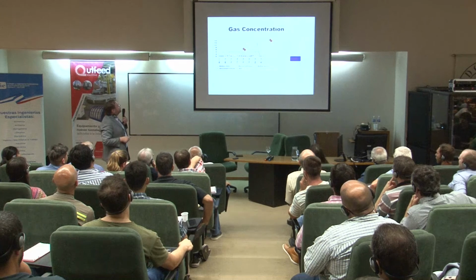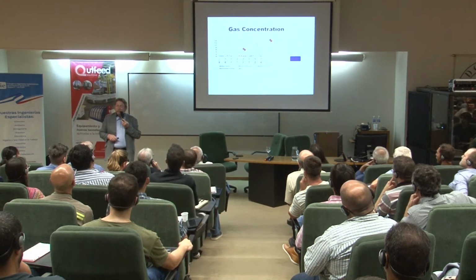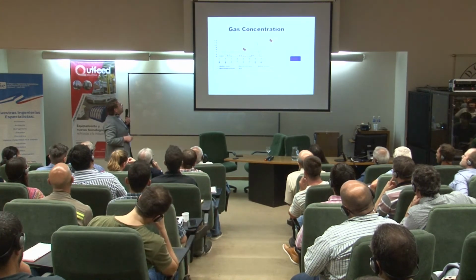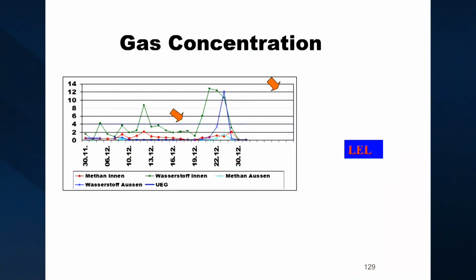So we had methane development inside. And that was the worst thing, we had, sorry for the German words, methane and hydrogen in it, and hydrogen concentrations above the lower explosive limit.